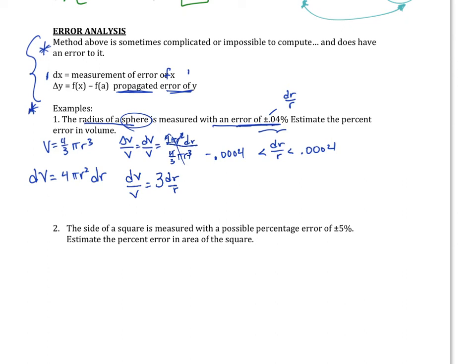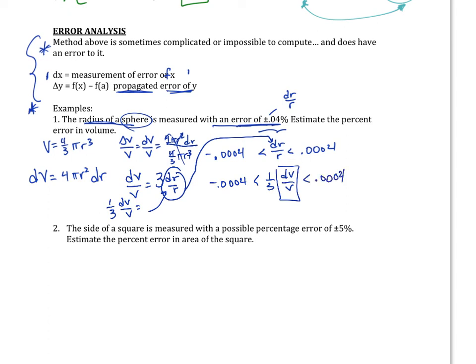So I end up with 1/3 dV over V equals dr over r, because now I'm going to put this value in here, and that'll give me negative 0.0004 less than 1/3 dV over V. Check this out. I went from an error for a radius, and now look at what this value is, an error for a volume, 0.0004.